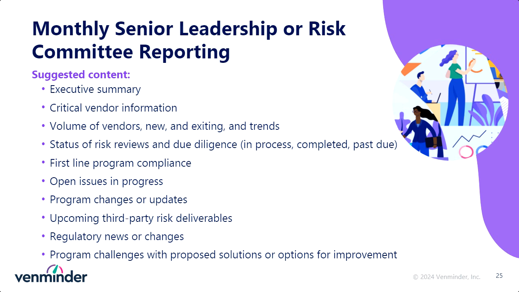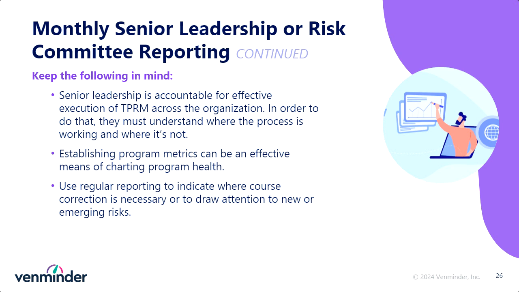You'll want to also, when you're performing these monthly reviews with your senior leadership and risk committee from a reporting perspective, keep in mind that the senior leadership is accountable for effectuating the third-party risk management program across the organization.